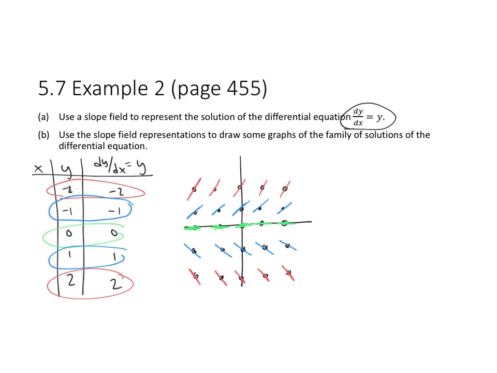So let's do that. It would look something like this, and again, it doesn't have to be perfect. You just want to show the general idea of what's going on.